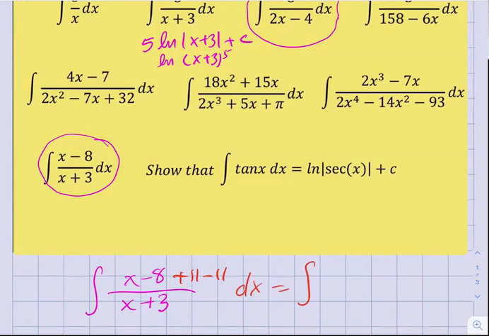So this is going to be x plus 3 over x plus 3 minus 11 over x plus 3, and the lovely dx.